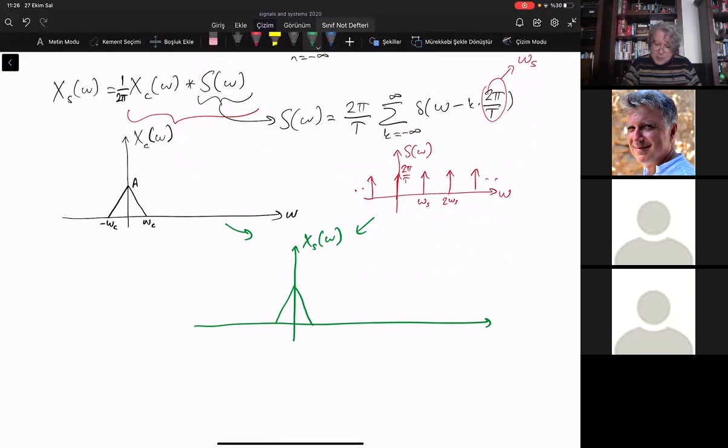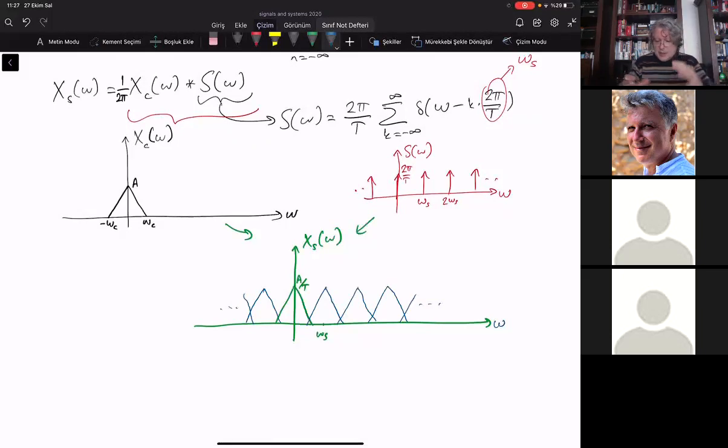And the peak value will be A times 2 pi over capital T times 1 over 2 pi, which will give me A over capital T. So the peaks, the top values will be A over capital T. And let's say that this is omega s, and I will have all the other replicas like this, all right, on the frequency axis.